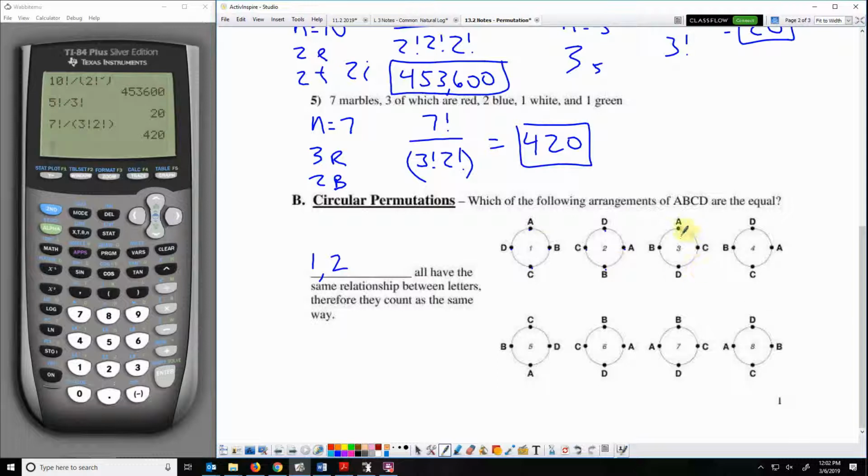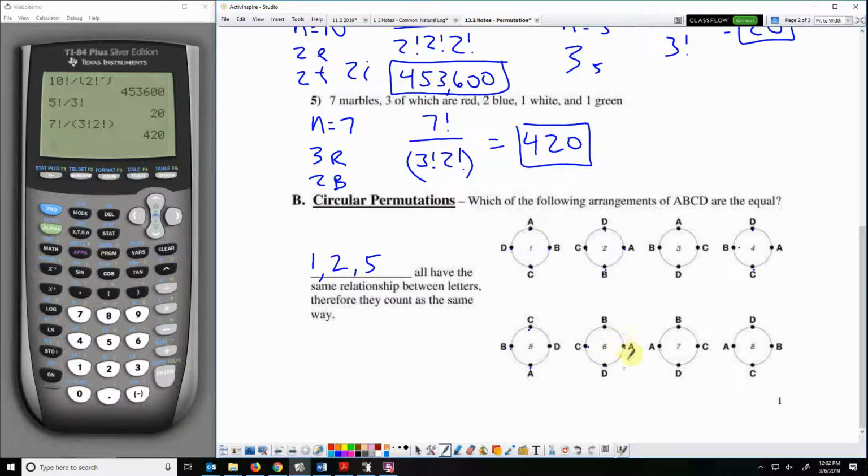Number 3, A, B, C, D, it's not the same order. Number 4, not the same order. Number 5, that is the same order. Number 6, now if I go the other way, it's not the same order because it's going the opposite direction.